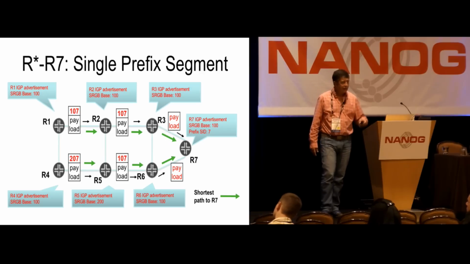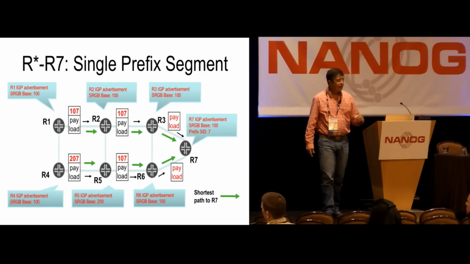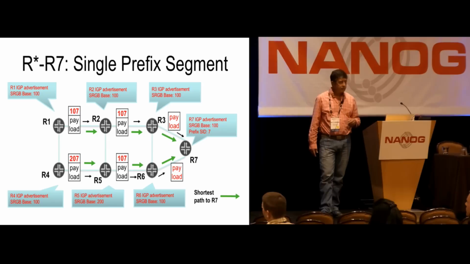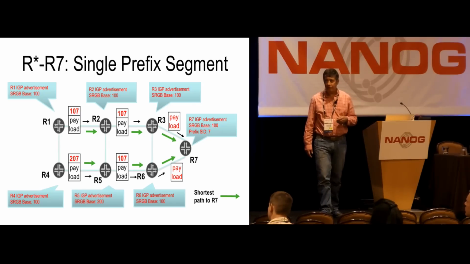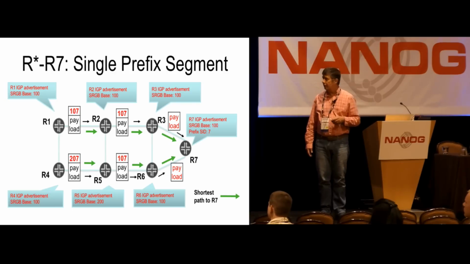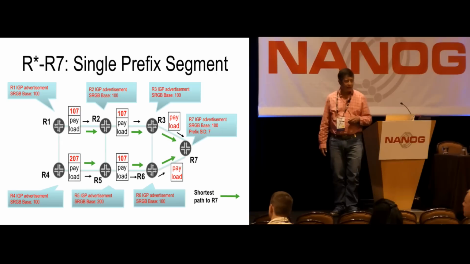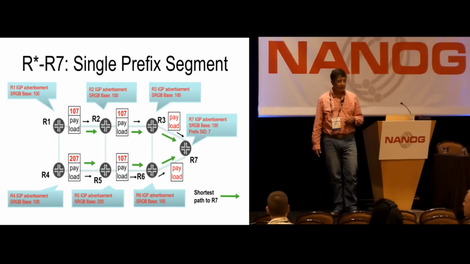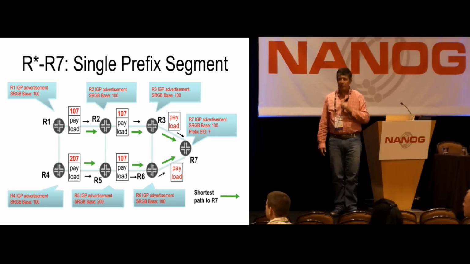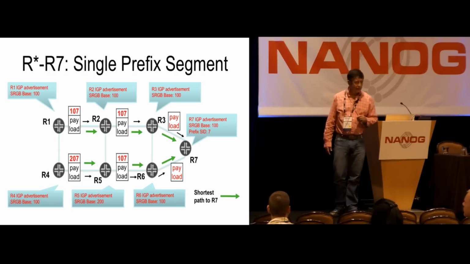Okay, here's a good example. R7 has a prefix that it wants to make accessible through segment routing. So it advertises that it has prefix 7. Its SRGB starts at 100, and that's it.